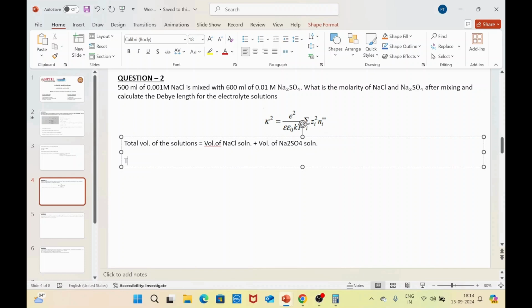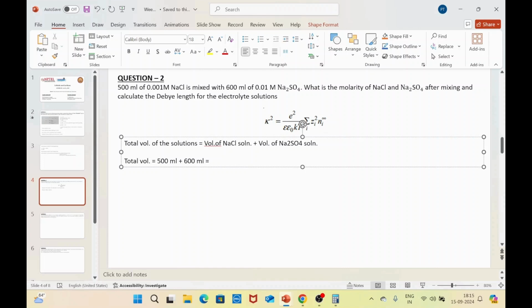So total volume will be nothing but 500 ml from your NaCl, plus 600 ml which comes from your Na2SO4.